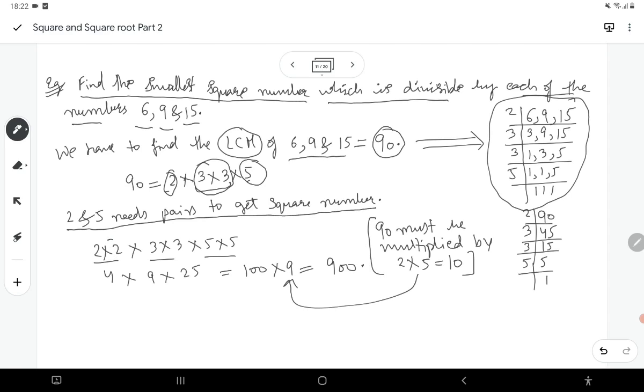So if we give one 2 and one 5, then 90 gets multiplied by 10, and we get the number as 900. So the smallest square number which is divisible by 6, 9 and 15 comes out to be 900.